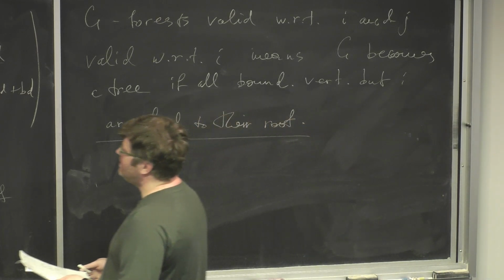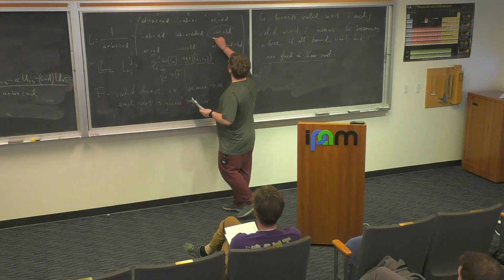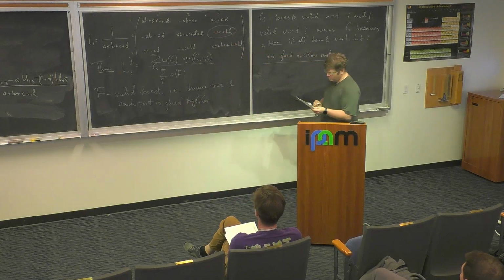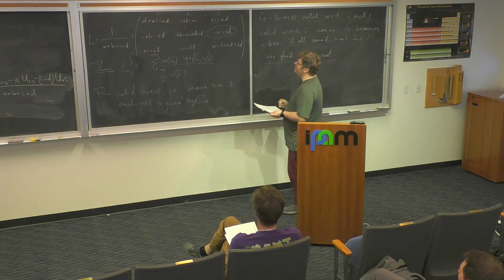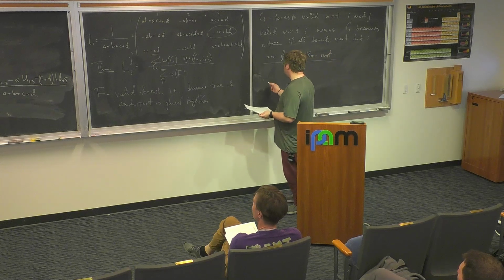But let's look at this example over here. Let's look at this entry. Why do we see minus AC plus BD here?